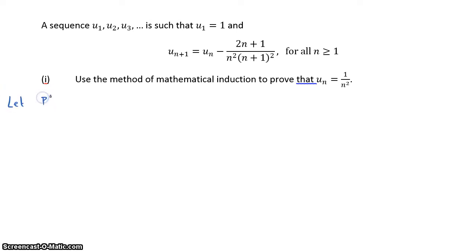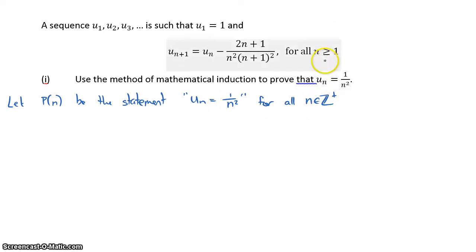Let Pn be the statement: un is equal to 1 over n squared for all positive integers n. So positive integers n of course means integers n bigger than or equal to 1. The first thing we want to do is prove the base case.